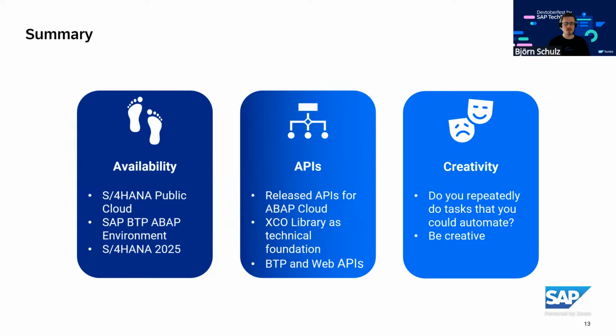Also to mention, we are in an ABAP Cloud scenario, so ABAP Cloud has released APIs. In these released APIs, you will find the XCO library, for example, the main foundation for the technical enhancement of the objects. And for everything you want to do with APIs, you have the possibility to call BTP APIs, or to call REST or web APIs wherever you need them.